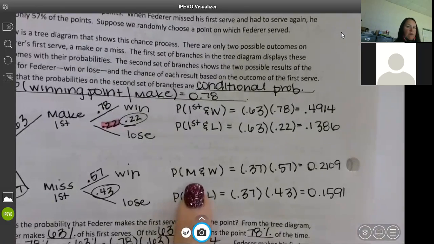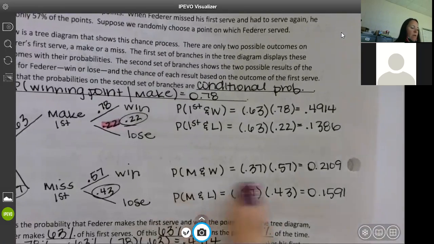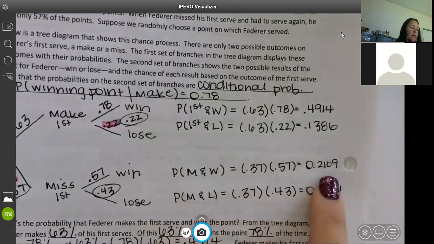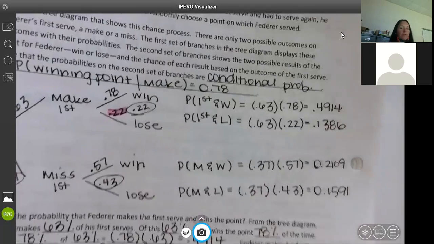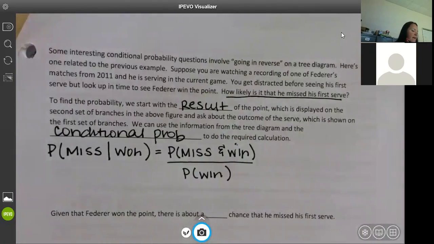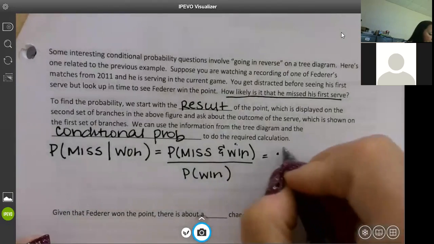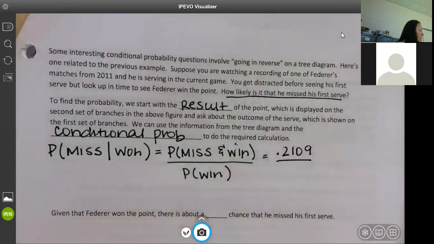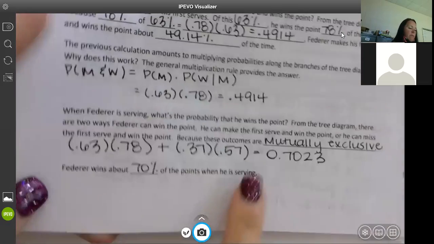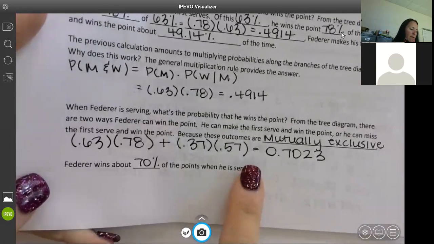Back to the other page that we had, here's our chart. We already found this, the probability of miss and win. We multiplied these two together and we got 0.2109. So I want you to know where it came from. We've already done it. So if you flip back, you'll see it. Miss and win is 0.2109. And then at the bottom of the page, we did the probability of winning.